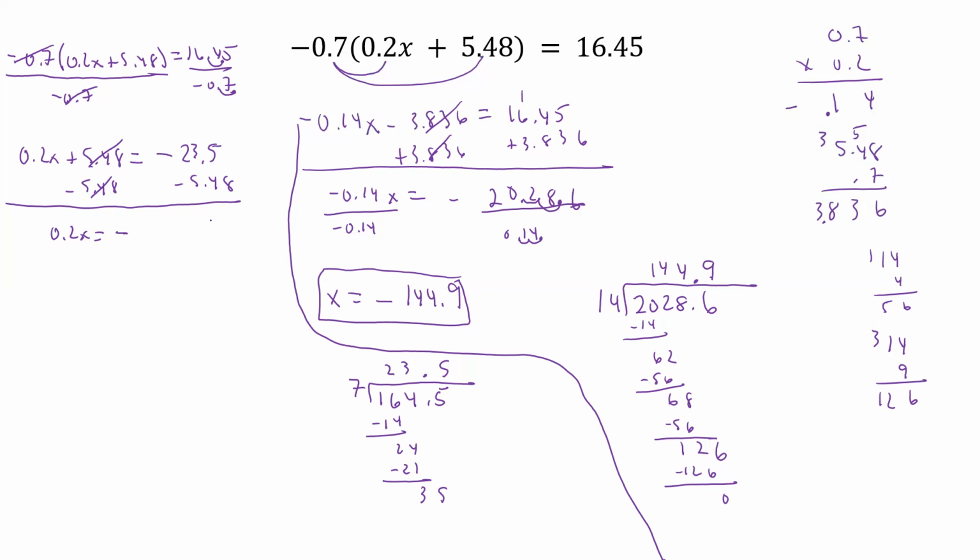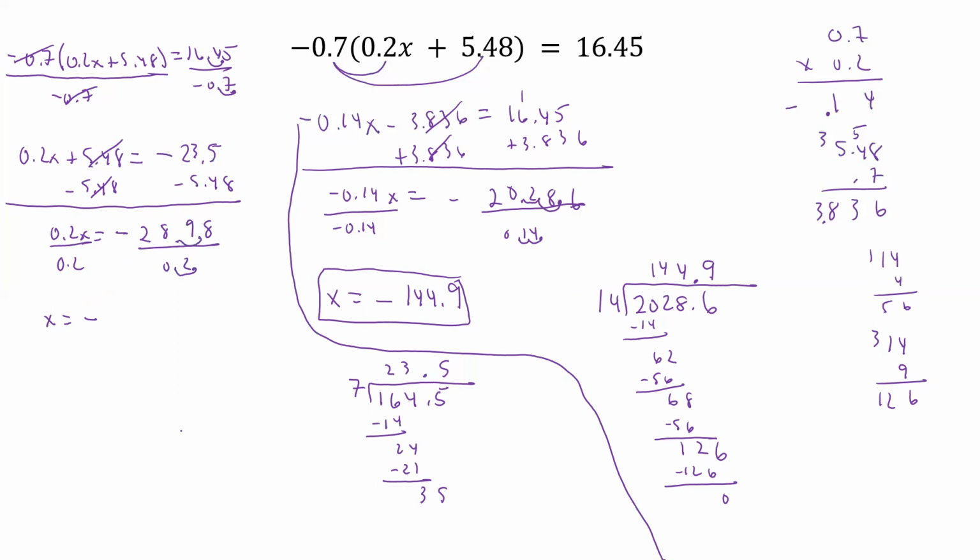And so then I'm going to have 28.98. Okay. Now I divide both sides by 0.2. And so my x is going to be equal to a negative because I have a negative divided by a positive. And remember, I have to move the decimal over one here and one here.